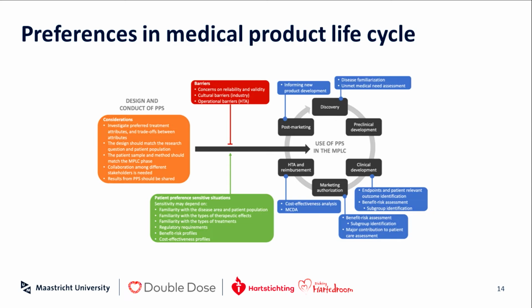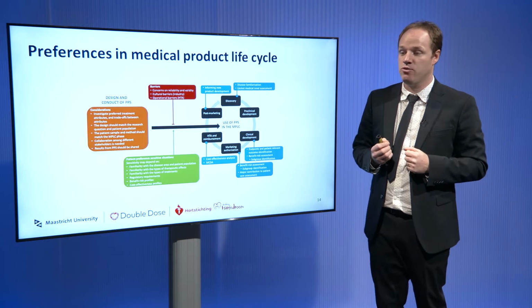There was a large EU-funded project, the IMI PREFER project, that also aimed to provide some recommendations on where preference research could be important in the medical product life cycle.